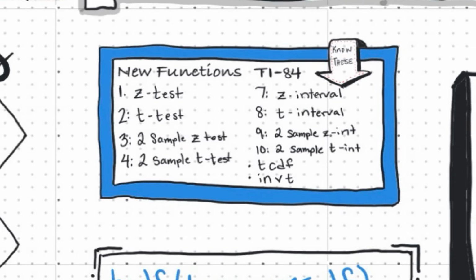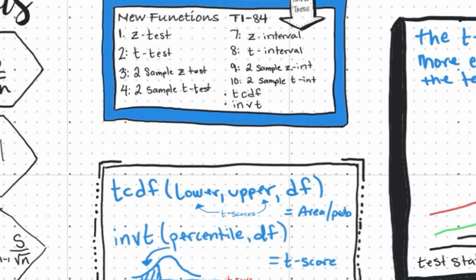However, a little bit about those things. When I use TCDF and inverse T, compared with normal CDF and inverse norm, I kind of had a lot of freedom in how I could put stuff into it. With the t distribution, I'm very limited on how it works. When you use TCDF, it must be t-scores.